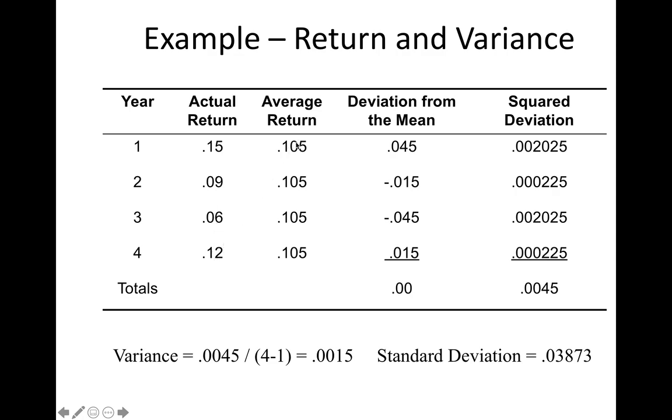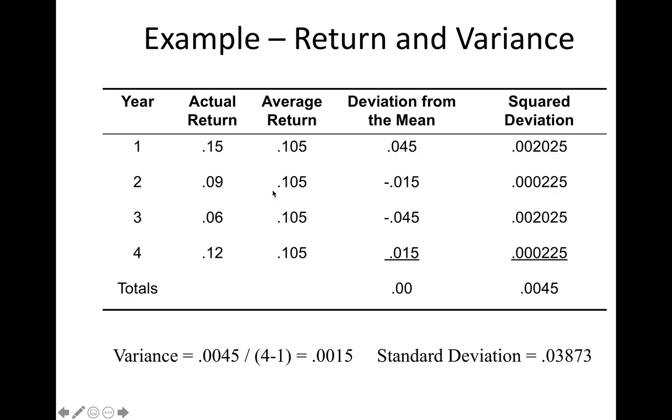Having sorted that out, we realize that we have an average return of 10.5. Then, to get the variance, we take the difference between this 15% less the average, and we have this. Once we square that, we have this.